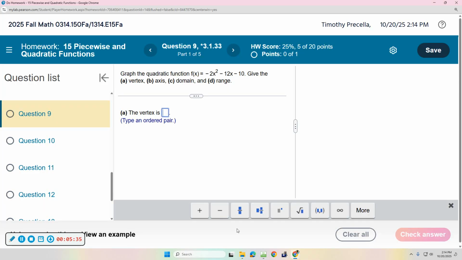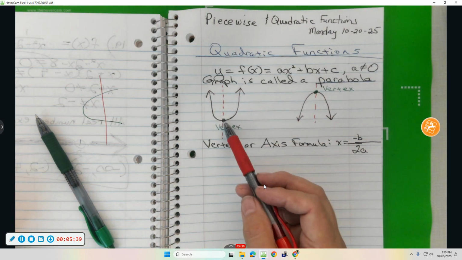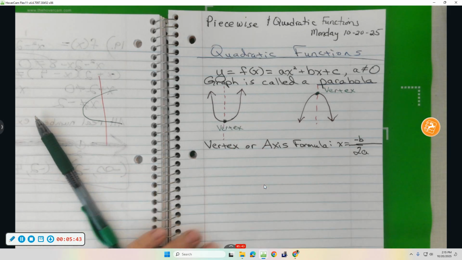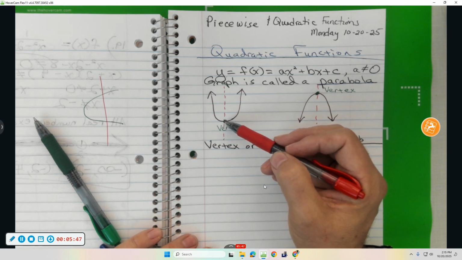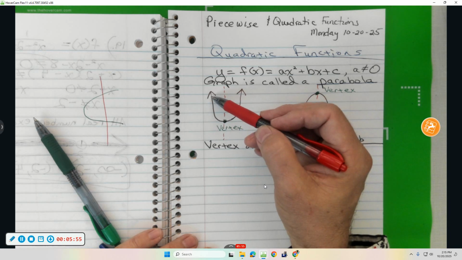When a parabola is opening upward, this is opening upward, notice the vertex is the lowest point on the graph. When the parabola opens upward, we say that that vertex is the location of the minimum y value. It's the lowest y value. If you have a higher y value, the vertex would be higher than that.